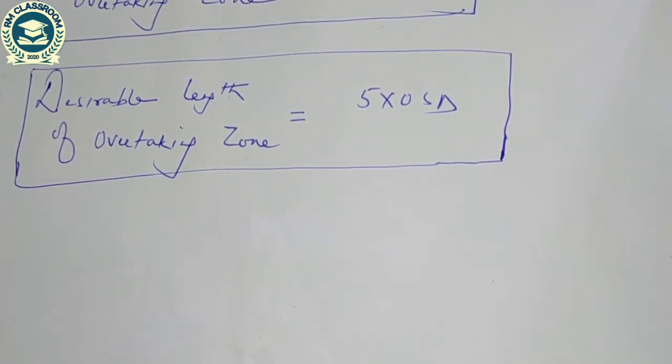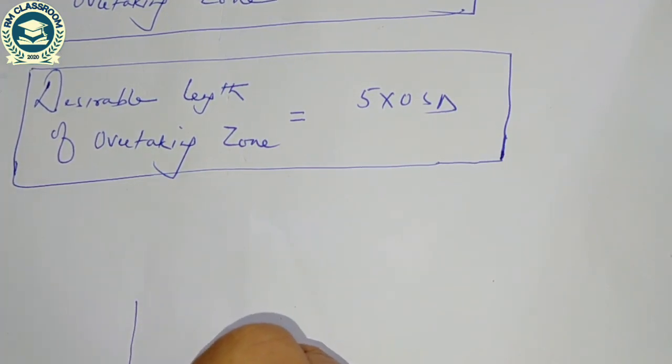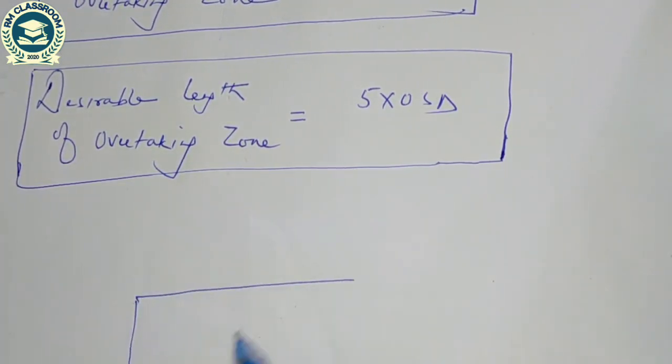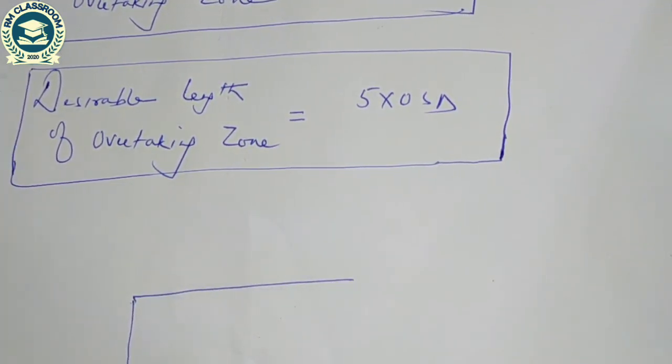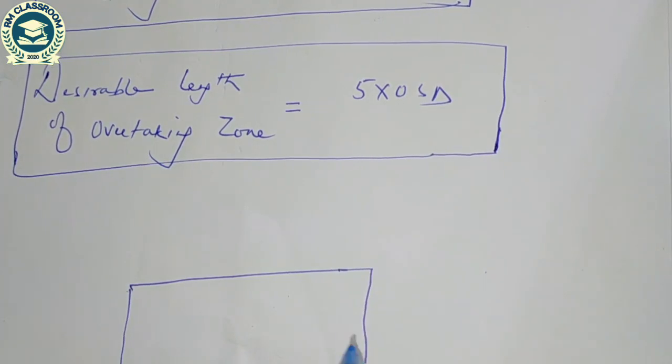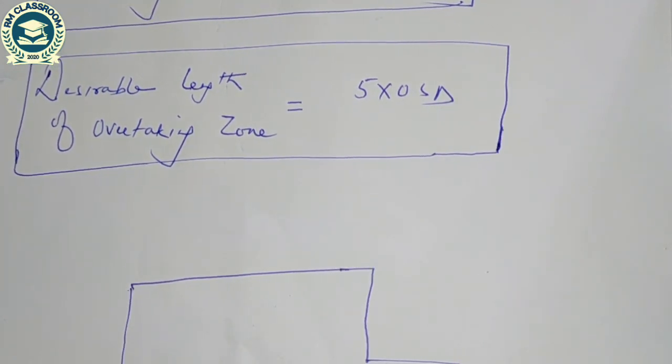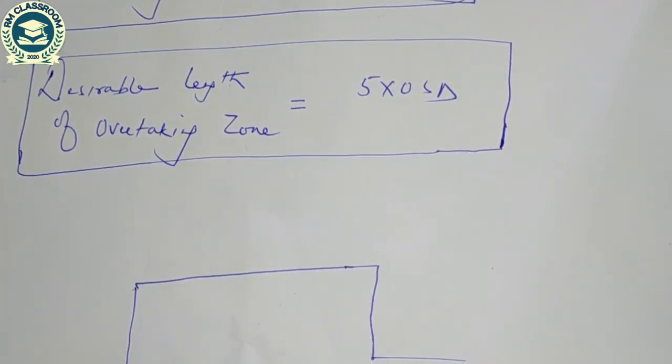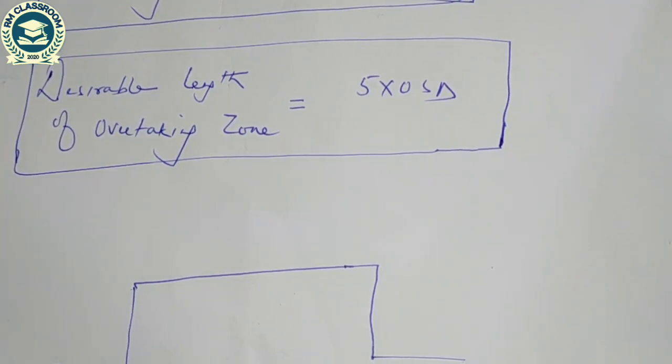So if I point, this is the overtaking side distance.